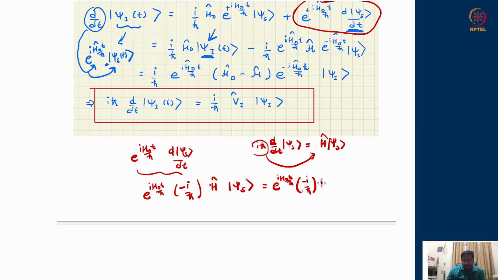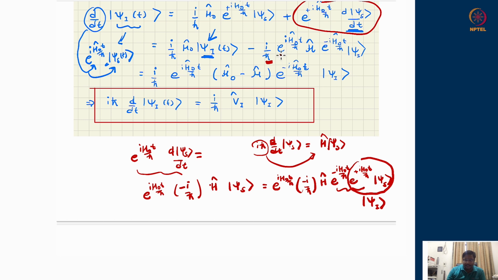Then I have this H operator here. I insert e to the power minus i H naught t upon h bar and e to the power plus i H naught t upon h bar, and then there was a psi S. So I have just inserted an identity in between. What does it do? This part is just again the psi I back. So what I am supposed to get for this is e to the power i H naught t, with minus i upon h bar common outside.